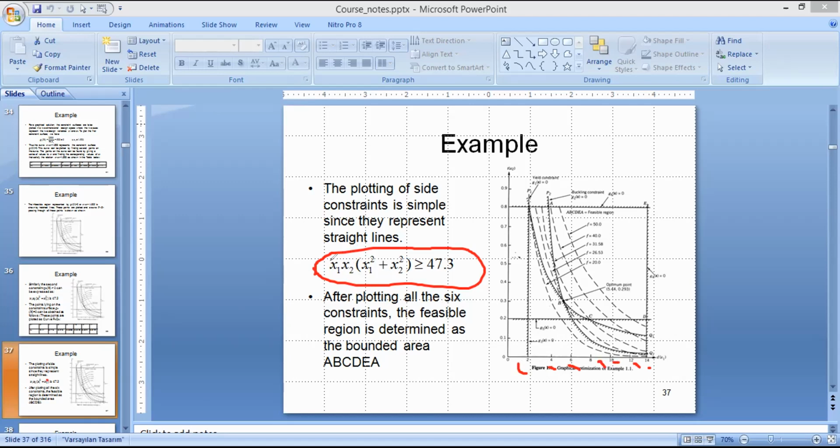Putting that 2 in this equation, first of all we replace this greater than sign with an equality sign. So this will become x1 square plus x2 square equal to 47.3, right? Now suppose let me take x1 is equal to 2.